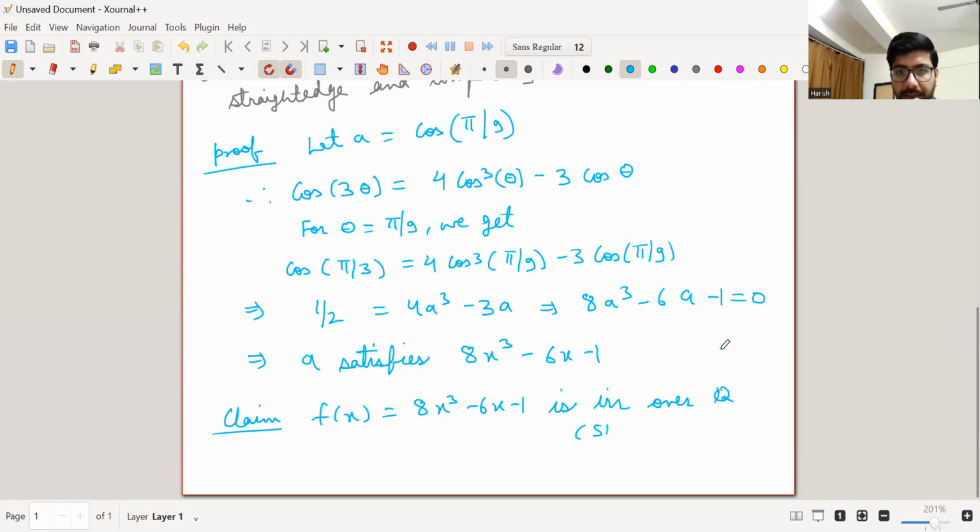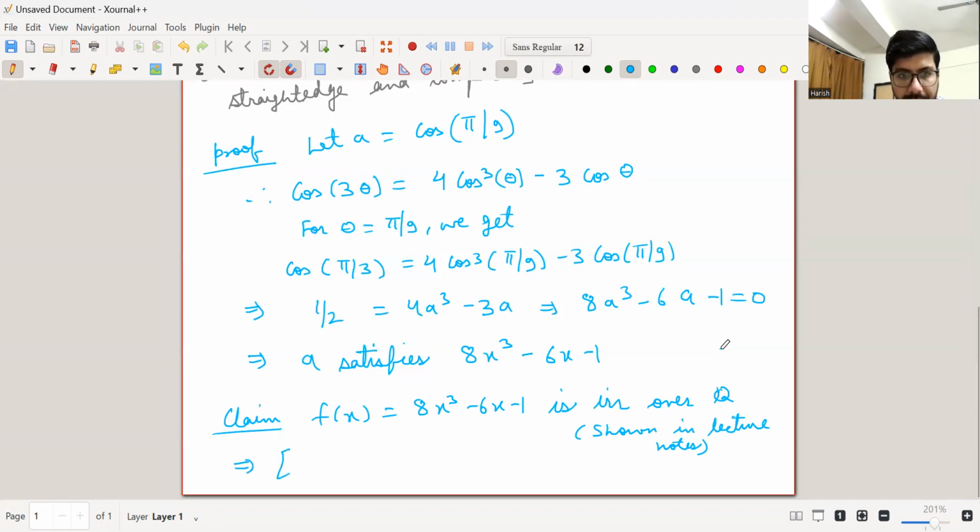So this is being shown in lecture notes. So this is irreducible. That means a satisfies this polynomial and it's irreducible.